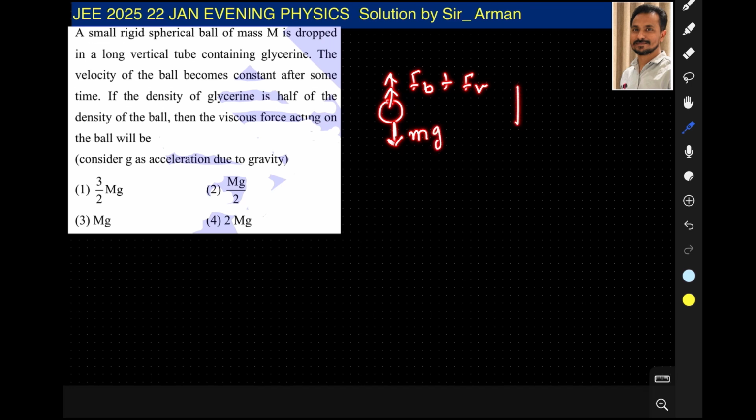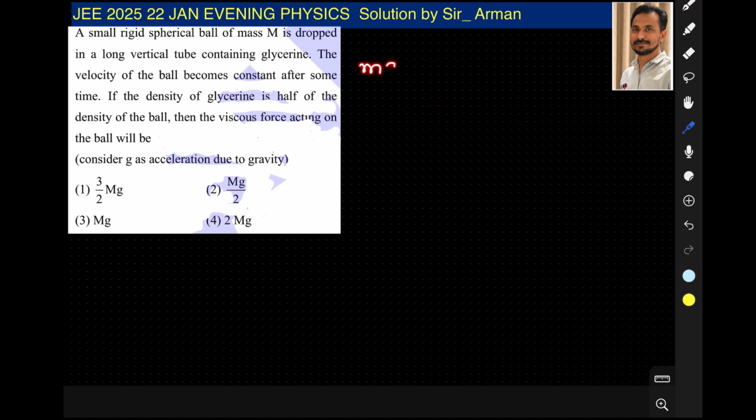Now if the object moves downward with constant velocity, it means the velocity is constant. It means that the net force acting on the object is 0. It means that mg is balanced by buoyant force and the viscous force. So how can we write the equation?